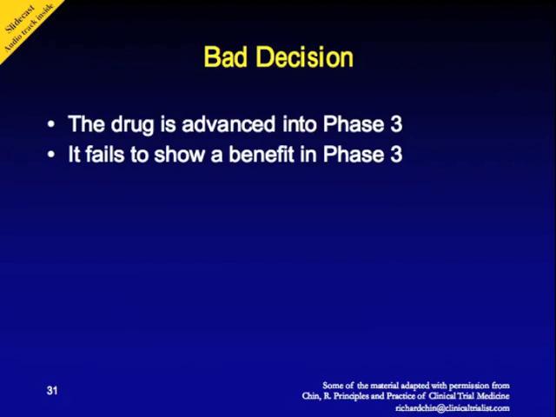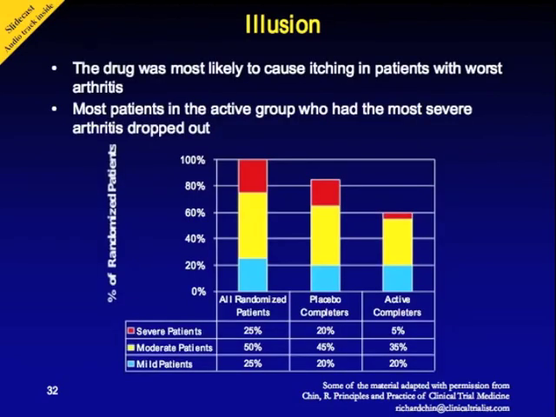So what happened here? Well, whenever you're examining the data based on some subgroup rather than all the patients who are randomized, then you have the risk of introducing a bias. And in this case, let's say that the patients who were the most likely to have the side effect of itching were also patients who happened to have the most severe disease.